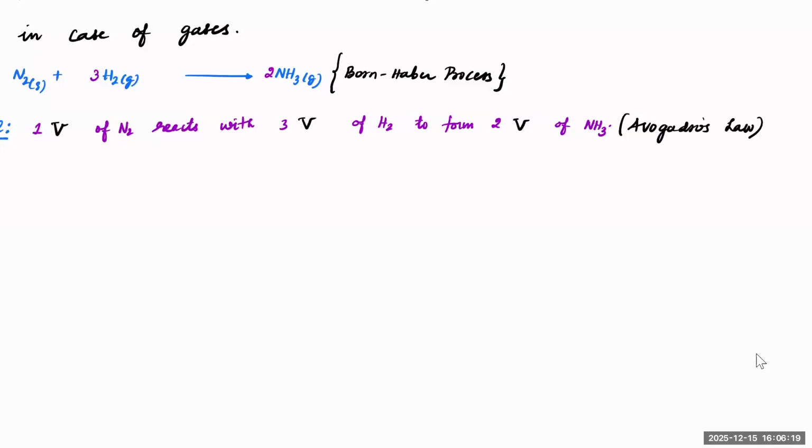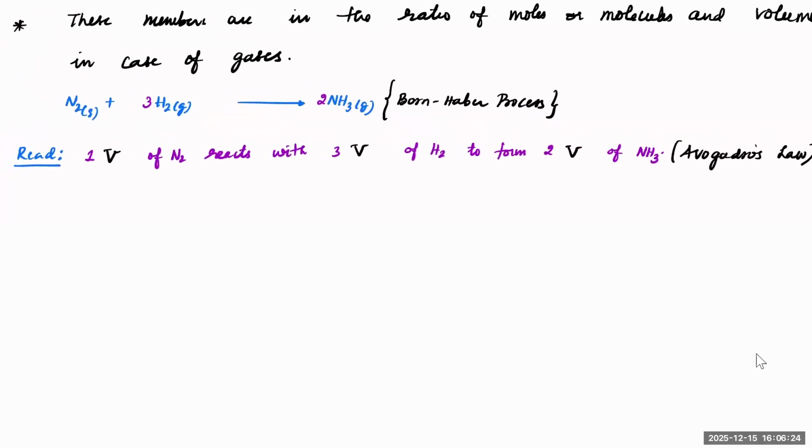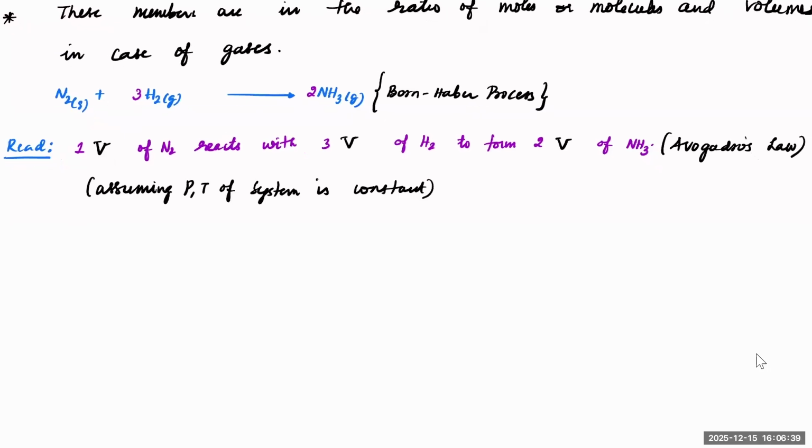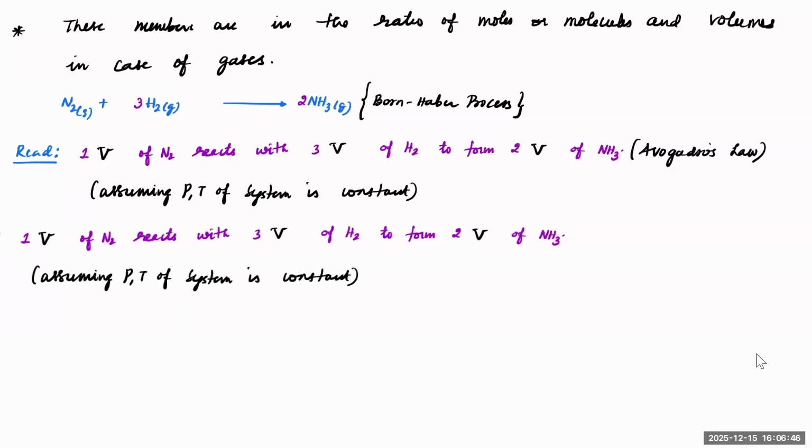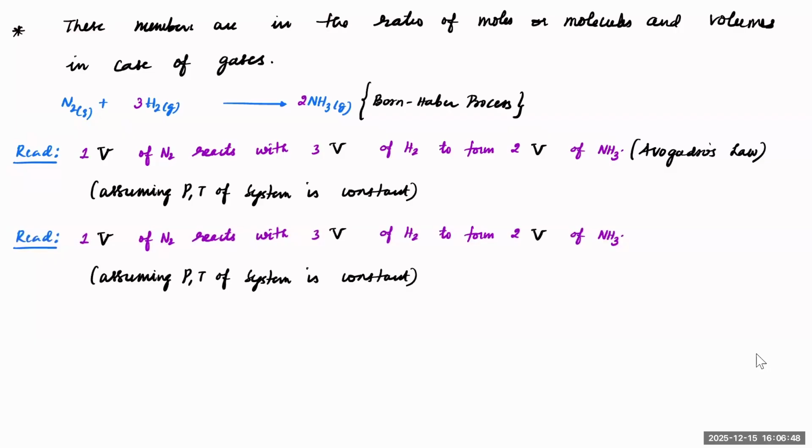Now you might read in the other way also. What is the basic assumption when I'm using this one? Assuming pressure and temperature of the system is constant. Got it? This is the assumption. Similarly, if I have to read in terms of pressures, I can do that also.